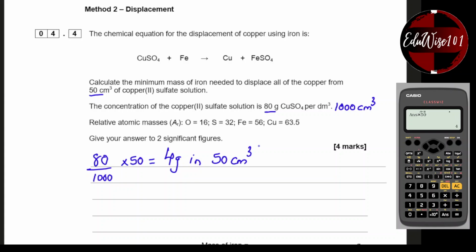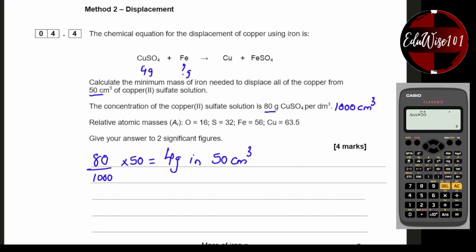Give your answer to two significant figures, that's okay. So calculate the minimum mass of iron needed. So how much iron are you actually going to need in terms of grams? What you have is 4 grams of copper sulfate according to our calculation.